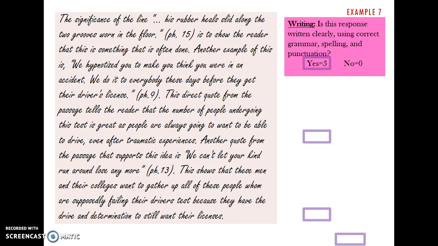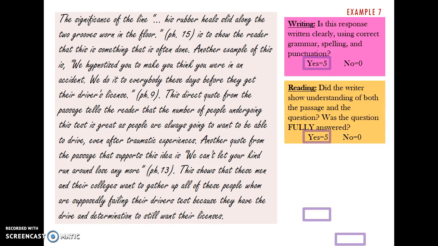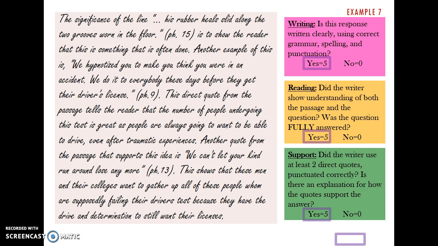The writing is clear, correct. There may be occasionally 1 or 2 little typos in a perfect response, and that's okay, and nothing to worry about too much, but in general, you should make sure your writing is clear, complete, and correct. With the reading, it does show an understanding of both the passage and the question. The question is fully answered with both support and explanations. The support.